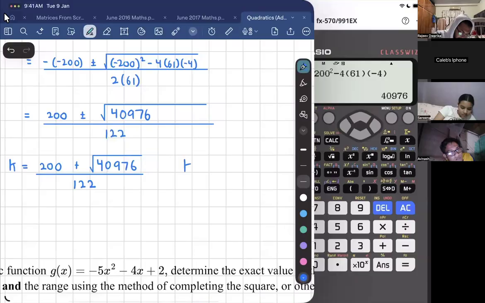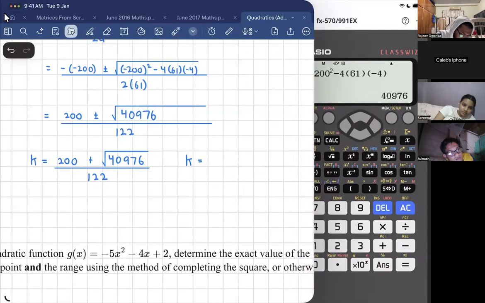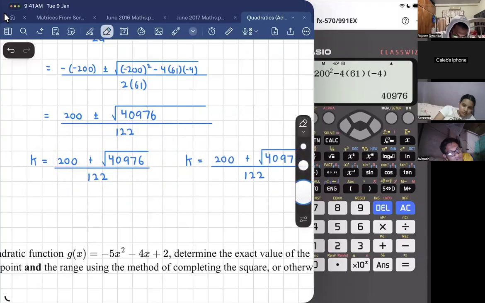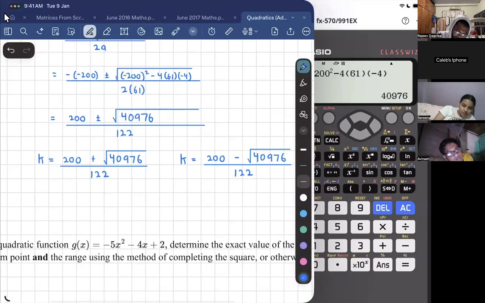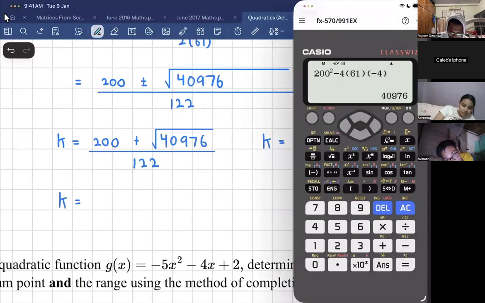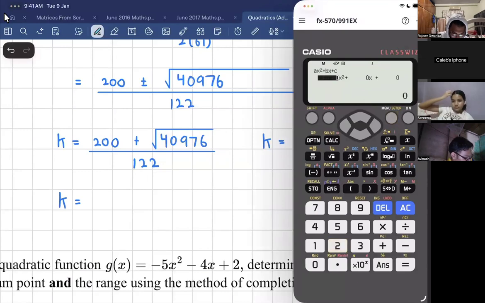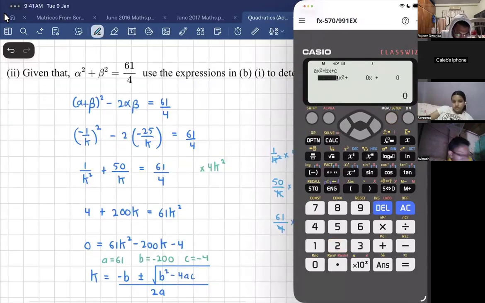And what's my other solution going to be, Caleb? 200 minus the square root of 40,976 over 122. Great. Now for the first one, let me just check it back fast.